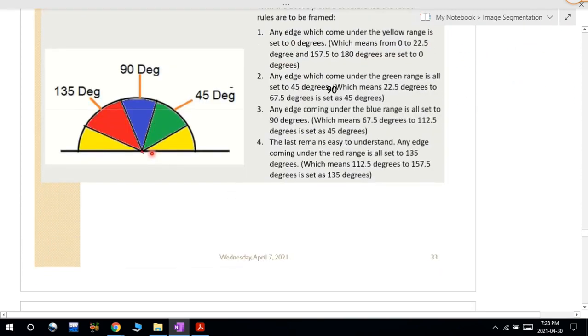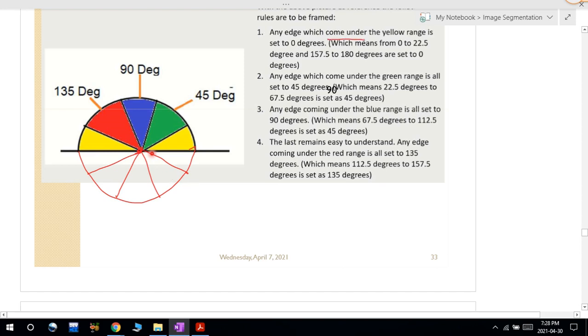If I take one point, I will have all these directions, and the edge will be in one of these directions. So for a particular point, I will consider all four directions. This is 45 degrees, this is 90 degrees, this is 0 degrees, and this is 135 degrees. These are the four things.